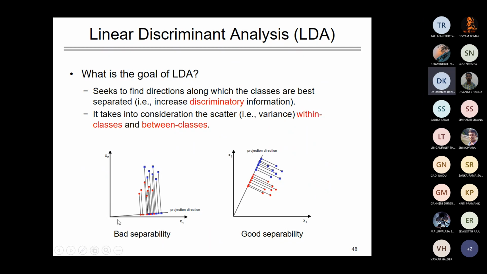But for the first case we get bad separability, that means the feature points that we have projected onto this line are found to be overlapping. That means they are not separated well.